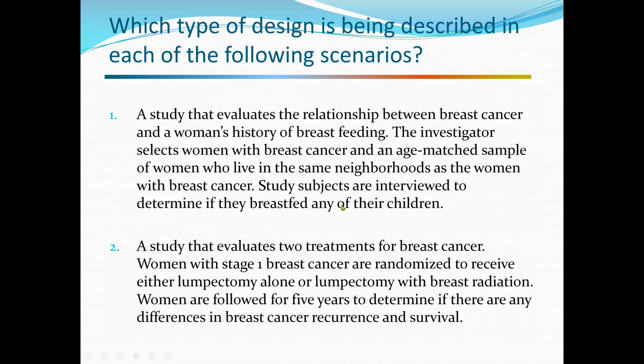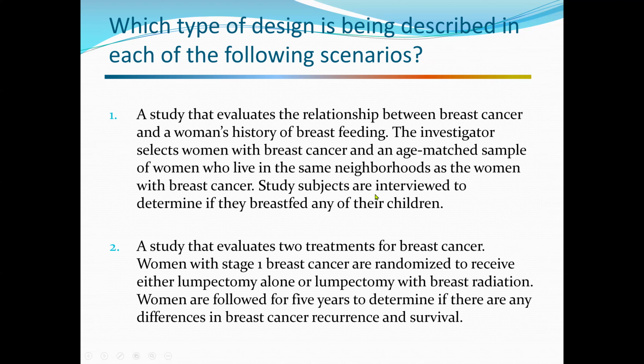Then the study subjects are interviewed to determine if they breastfed any of their children. So again, the main goal is to find out the relationship between breast cancer and a woman's history of breastfeeding. But here, the investigators select women with breast cancer and an age-matched sample of women who live in the same neighborhood as women with breast cancer.